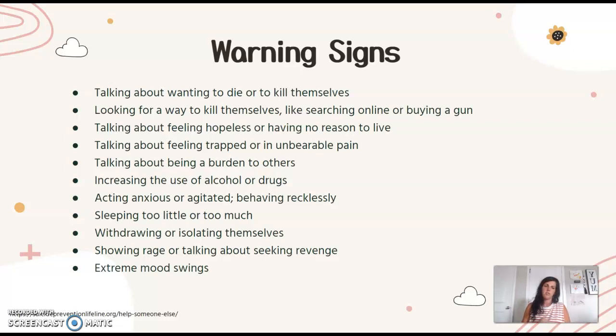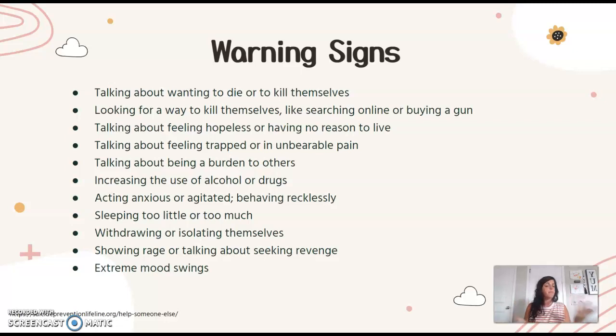Anxiety, agitation, so something that's off of their baseline behaviors, like if someone's usually pretty easygoing but they're getting really agitated, that's a sign that something's going on. Sleeping too little or too much: I think often sleeping too much is associated with depression, but sleeping too little can also be a sign because of a racing mind and not being able to relax.